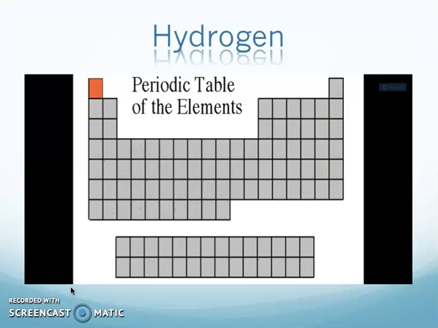Hydrogen exists in a gaseous state, others exist in a solid state. So the freezing point, melting point, boiling point will all be different, and the density will also be different.